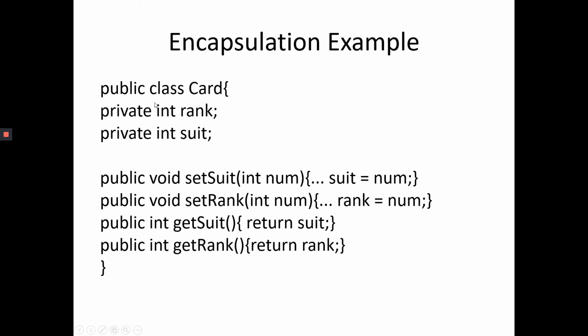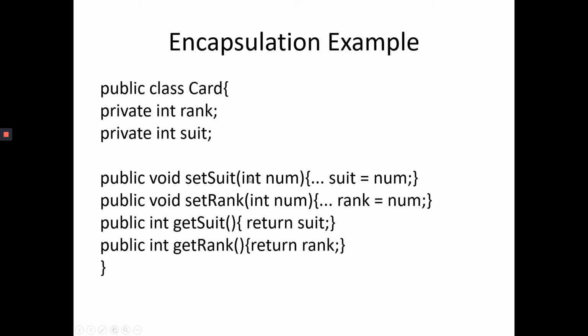Here's a quick example of what that would look like. Here's a class that represents a card. We have a rank and a suit, and you'll notice that the rank and the suit are both private. They cannot be accessed. So if I had a deck of cards, I wouldn't necessarily be able to access that information directly. What we've done is create methods, 2 setters and 2 getters, that are responsible for putting information into those variables and getting information back out of those variables.